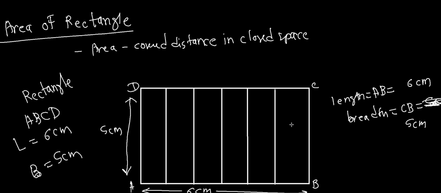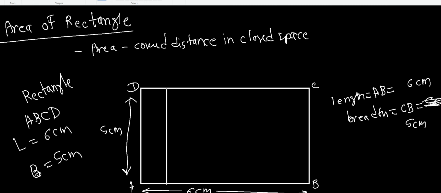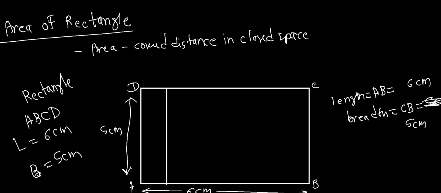Okay, so just a second. Okay, so if we have to divide AB into 6 equal parts, each part should be 1 centimeter apart. So if we consider this point, from this to this the distance is 1 centimeter, and like that from here to the next one 1 centimeter, like that 6 parts equal 6 centimeter.